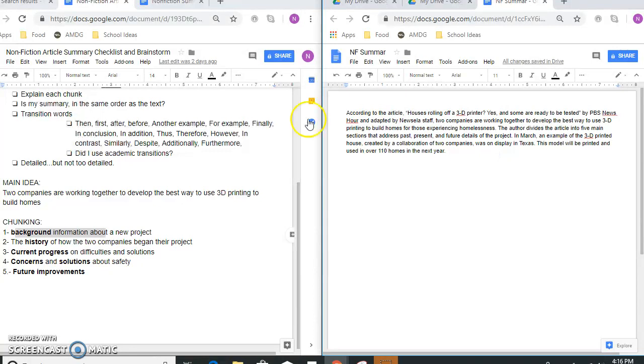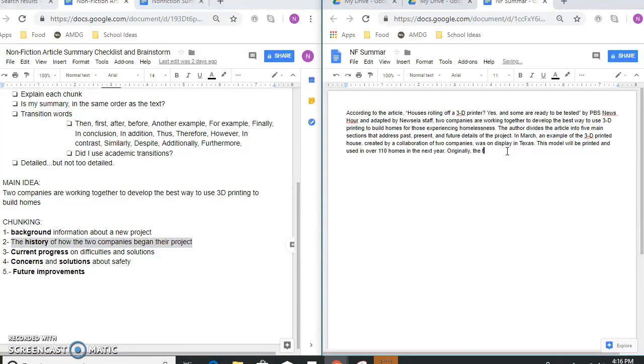Next, I'll use the transition word. Notice that later on my checklist, I need to identify them. So I'm going to use a transition word to indicate that I'm moving on to the next section of the article, the history of the 2 companies and how they began the project.